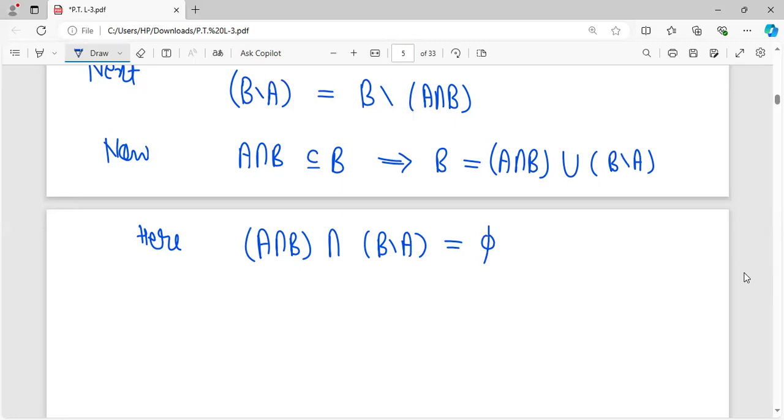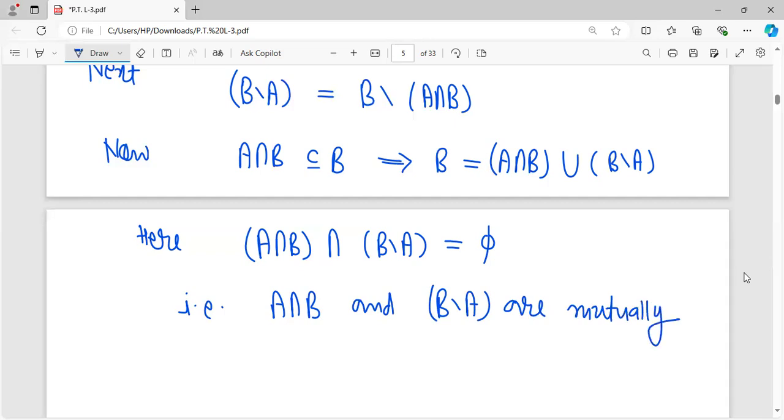Okay. It means A intersection B and B set minus A are mutually exclusive.